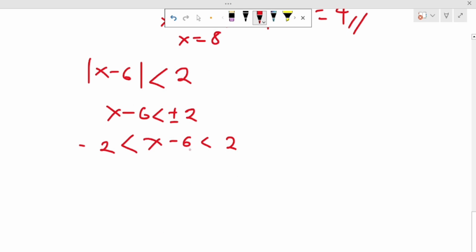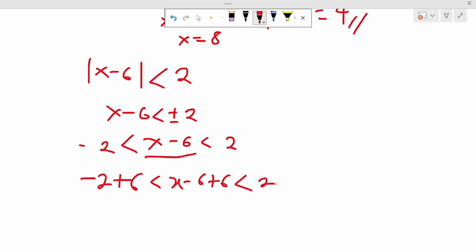So I can write it like this, right? Yes. If I'm writing it like this, whatever I do to the left hand side, I need to do the same to the right hand side, right? First of all, I need to remove this portion. For me to remove the 6, I add 6 to each side.